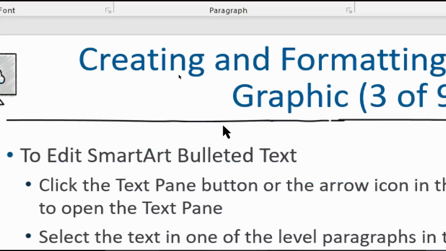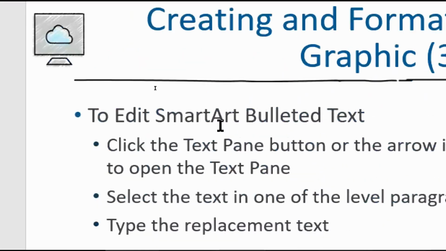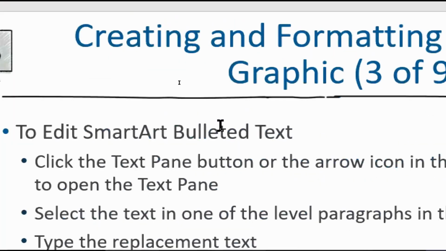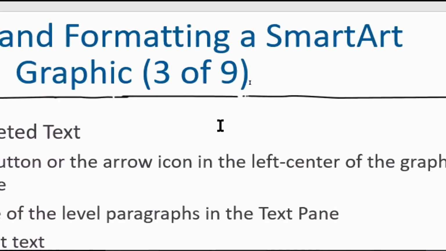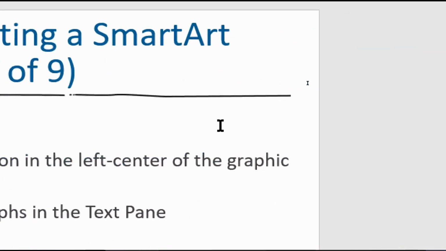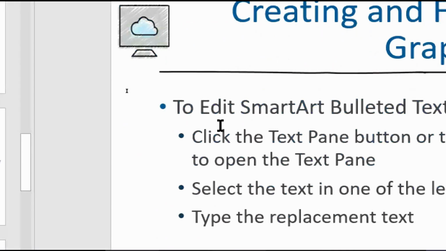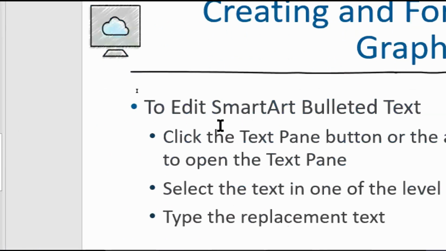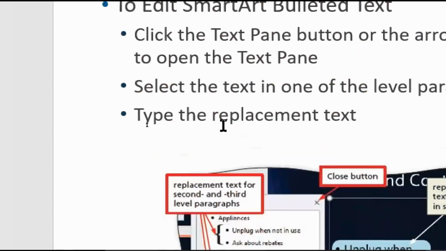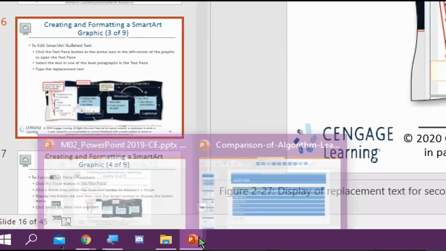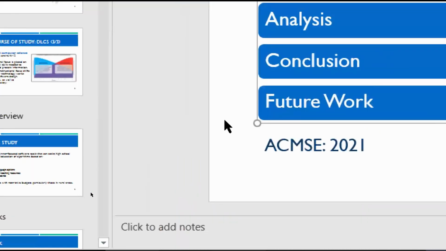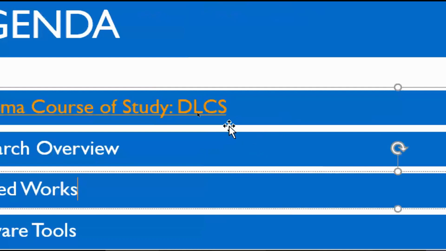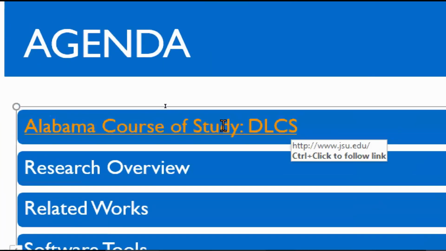Edit SmartArt bulleted text. Click the text pane button on the arrow icon to the left, center of the graphic, to open the text pane. Oops, I clicked the wrong one. Sorry about that. Okay, so we need to open the text pane. Normally this wouldn't be an issue.